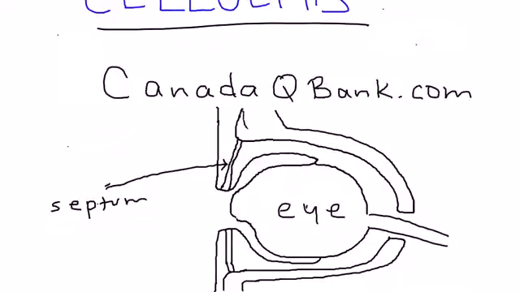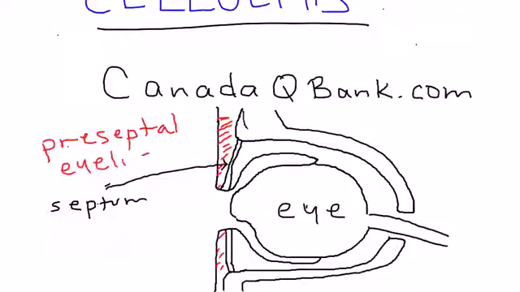So let's use red. Preseptum would involve anything that's before. So, for example, a swollen eyelid would be preseptal. If the eyelid was swollen just by itself, you would characterize that as preseptal.